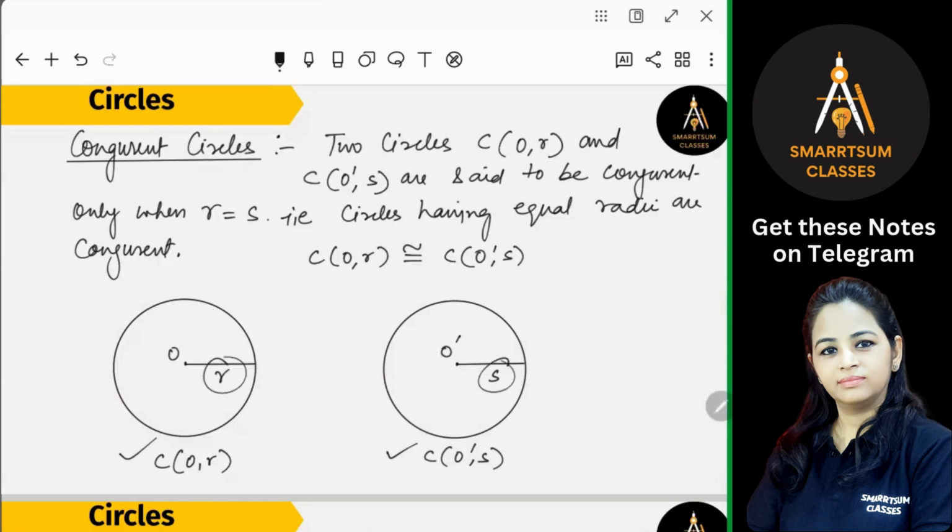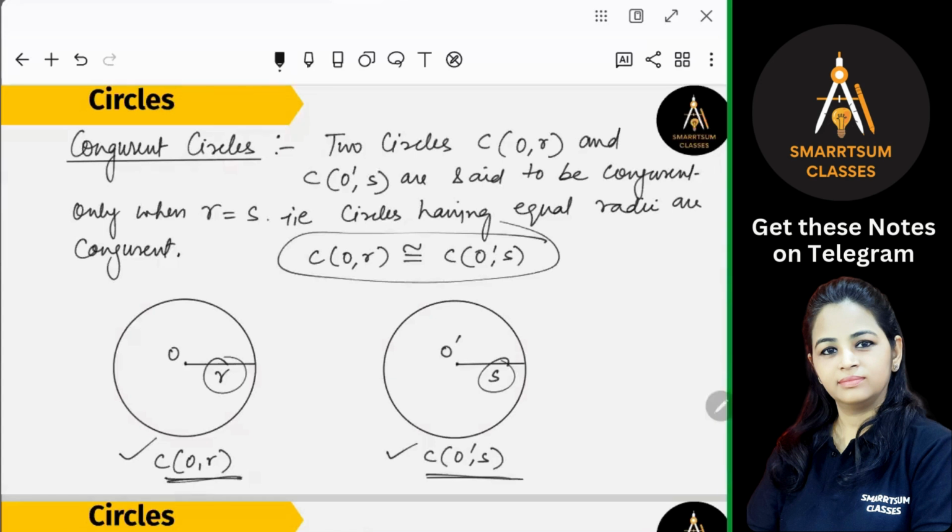What does it mean? Circles having equal radii are congruent circles. So two circles are said to be congruent when their radii are equal, when their radii are the same. In that case, we say that the circles are congruent. As you can see in this diagram, R and S are equal. Then both circles C(O, R) and C(O', S) are said to be congruent, right?